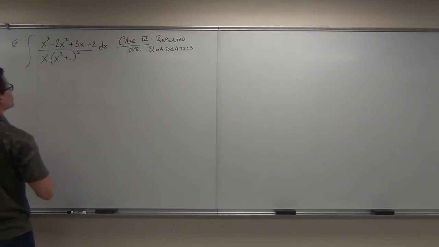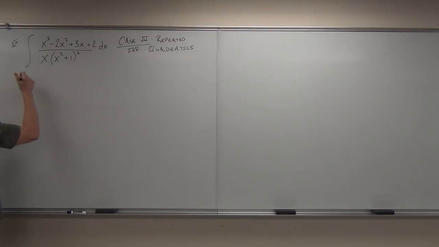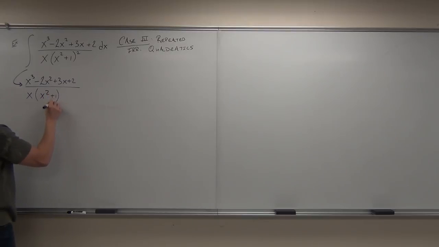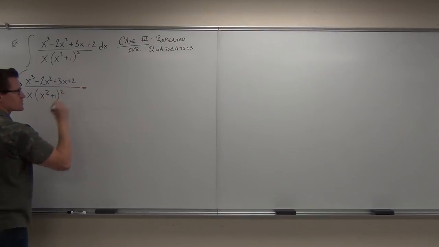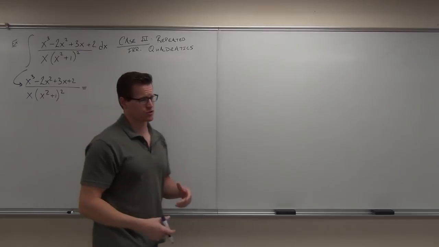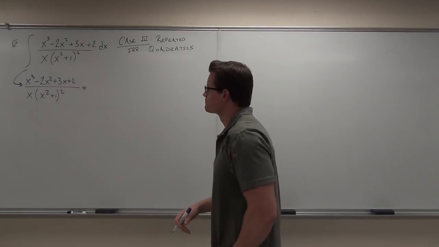But let's go back to this one. So if we're looking at this, then what we know is that x cubed minus 2x squared plus 3x plus 2 over x times (x squared plus 1) squared can be decomposed into some partial fractions.